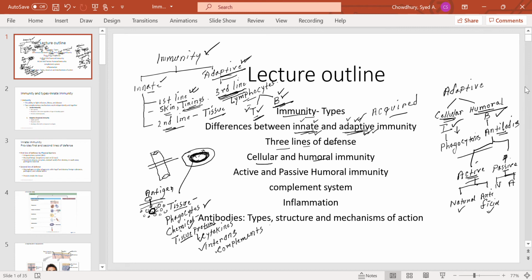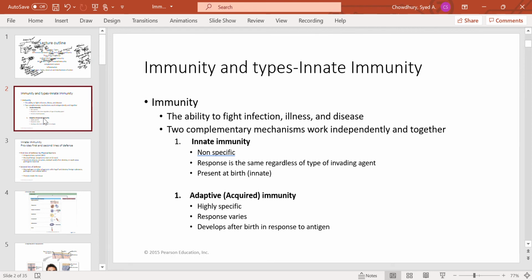You see, cellular, humoral, right? Then active and passive, right? Humoral is two types, active and passive. Then both could be natural and artificial. So let's see. So now you know that the innate everybody get by birth, like skin, the lining, mucous membrane, inner lining of your respiratory and GI tract, and the mucus lining.